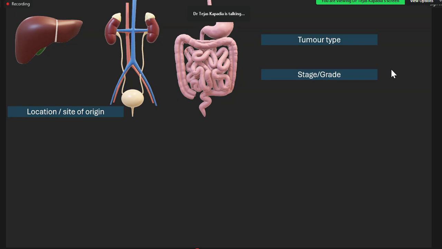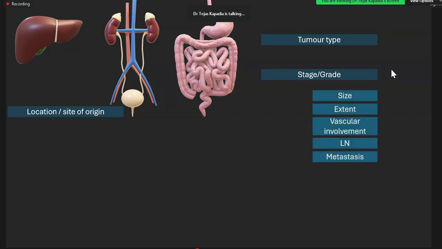Once we know that this is a tumor, and we need to properly describe it in our report, then we should think of what the stage or grade of the tumor is. That depends on various factors like size, extent, any vascular involvement, lymph node status, and metastatic status.